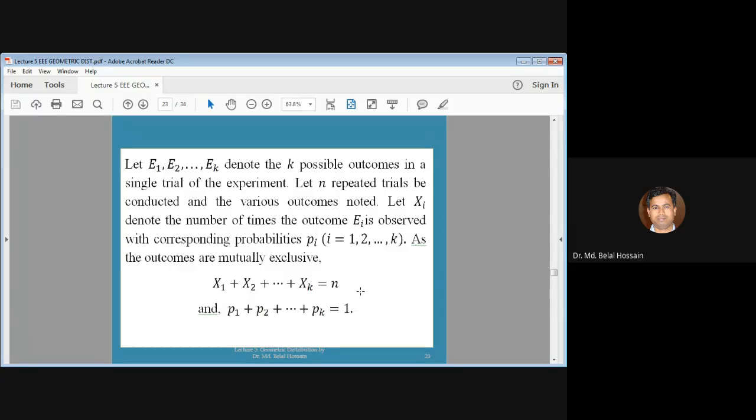Another constraint that comes into play is x1 plus x2 plus xk equals n. So this is the thing to notice, that in multinomial distribution we have two constraints. The sum of the probabilities will be 1 and the sum of the random variables will be equal to the number of trials you conducted, the n.